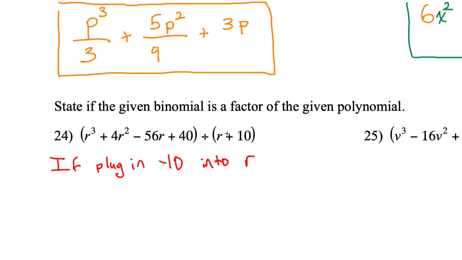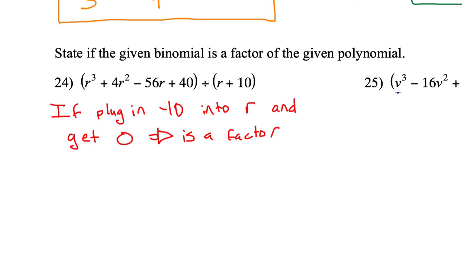So if I plug in the opposite, I guess. If I plug in -10 into r and get 0, that implies that it is a factor. So that's what we're using. I really wish I knew the name. It's probably the polynomial remainder theorem, that would be my guess. So that's what we're going to do.